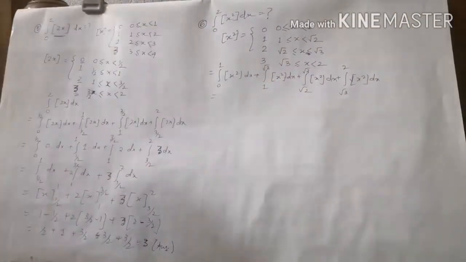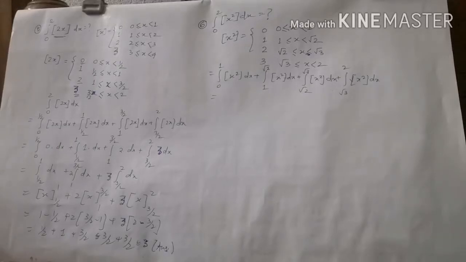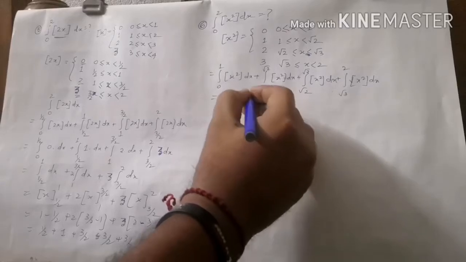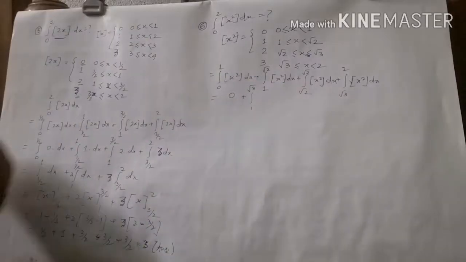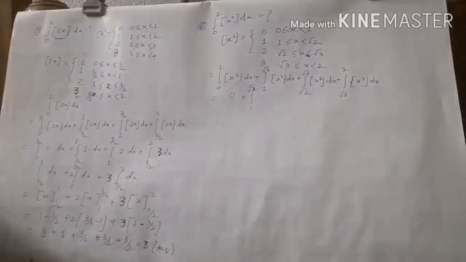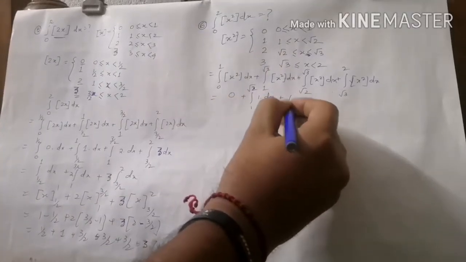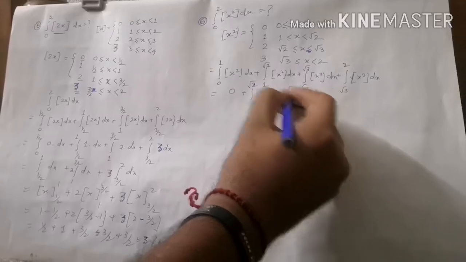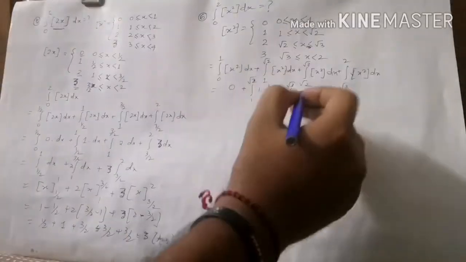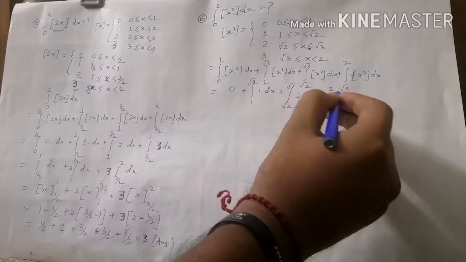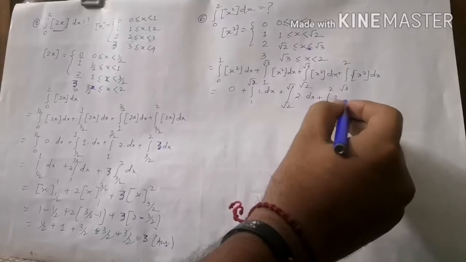And from 0 to 1, the value of x square equal to 0, and 1 to root 2, the value of x square dx equal to 1. From root 2 to root 3, the value of x square will be 2, and from root 3 to 2, x square dx equal to 3.